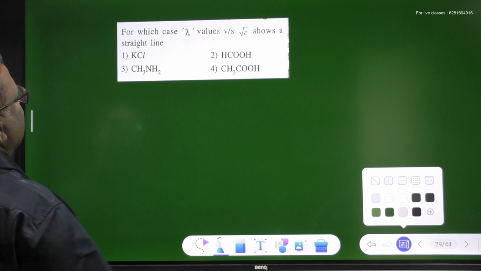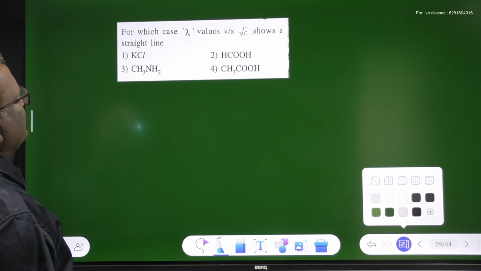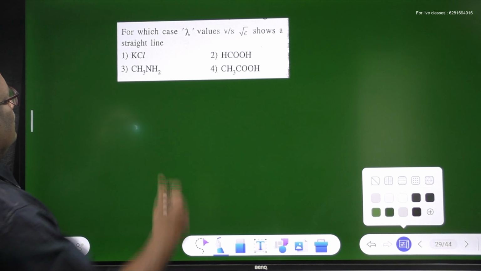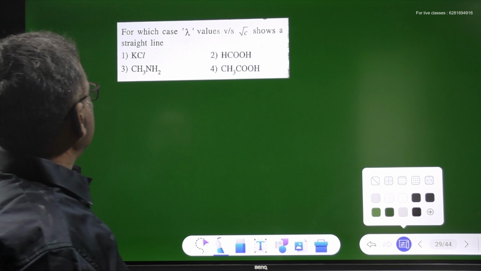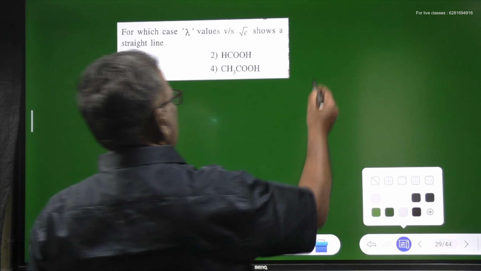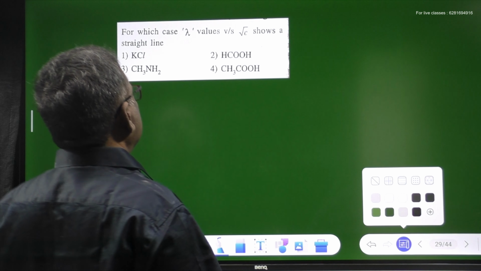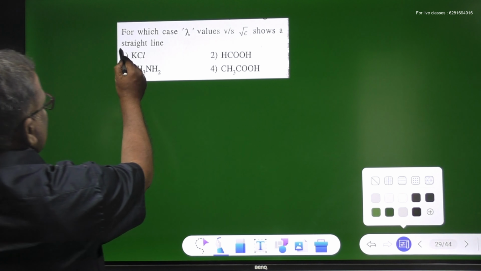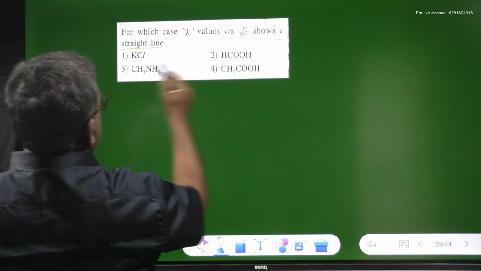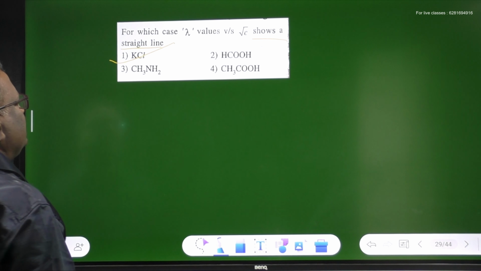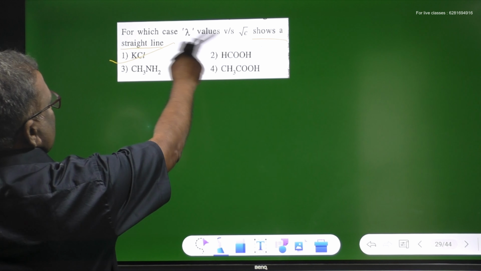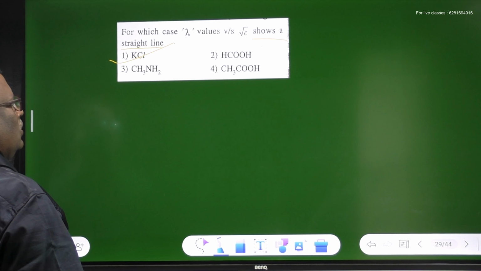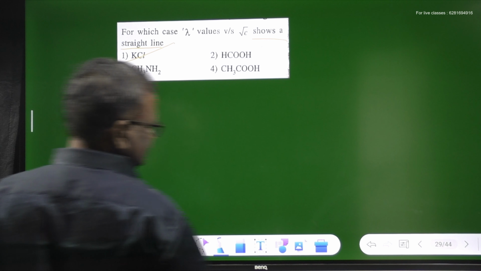In which case does the lambda value versus root concentration show a straight line? For strong electrolytes it is a straight line. KCl is a strong electrolyte, so in the case of KCl, lambda versus root C is a straight line.